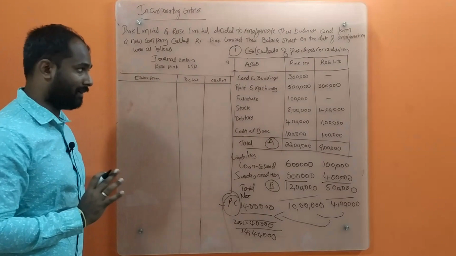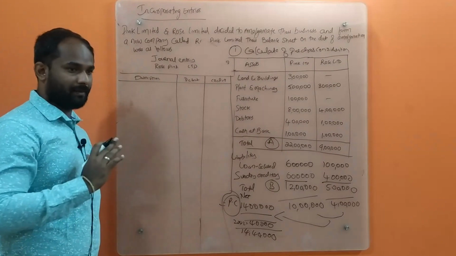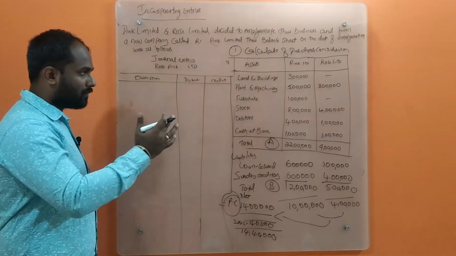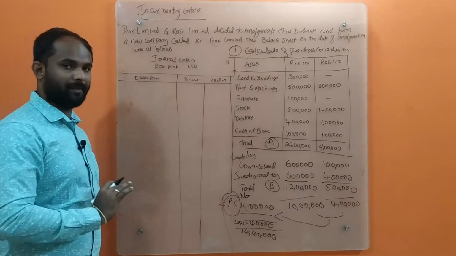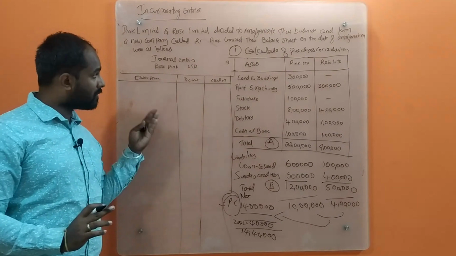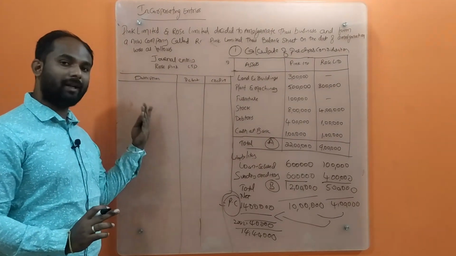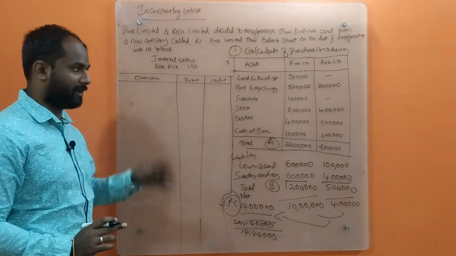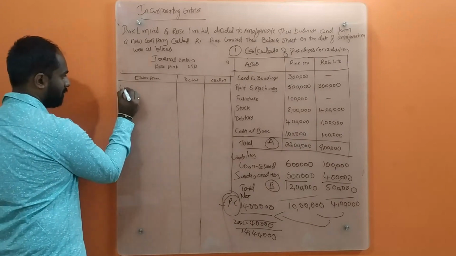First thing, what they are telling, assets all coming in. So when your assets are increased, it is debited. When your assets are decreased, it is credited. So for Rose Limited, all the assets are coming in, so it is increased. Increase means it will be debited. So we'll put it in here.